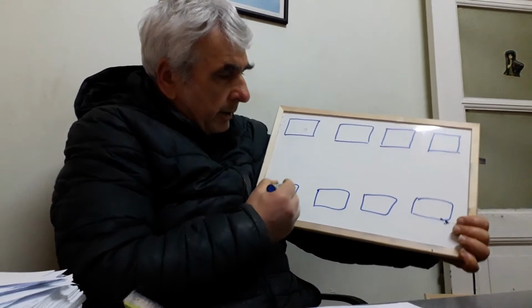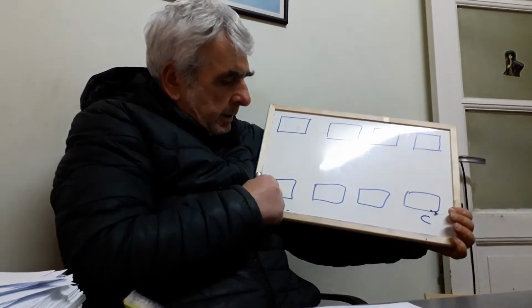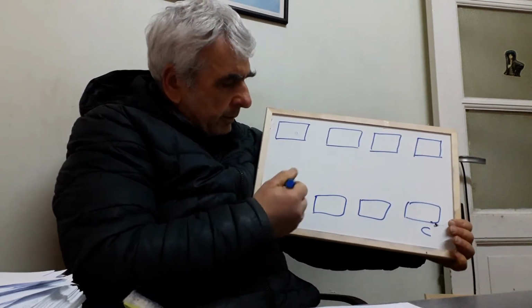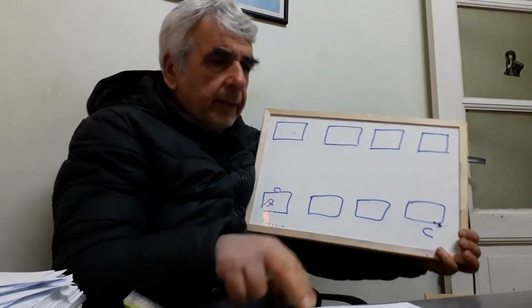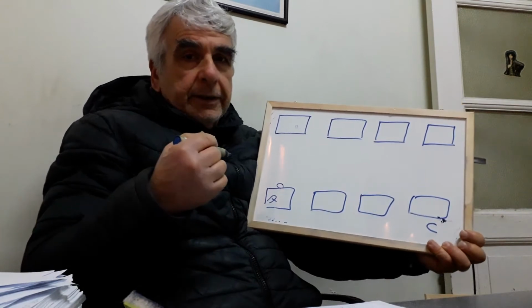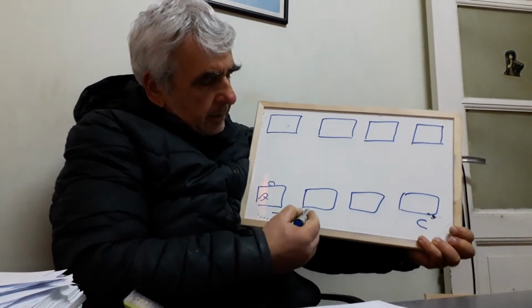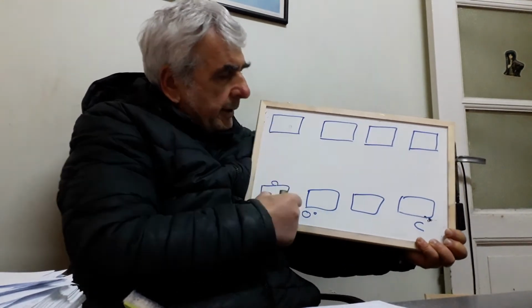Here A, here C. A is a person sitting in the light clock box. This is the source, the light source. Remember, this is 0 degree, light clock here.